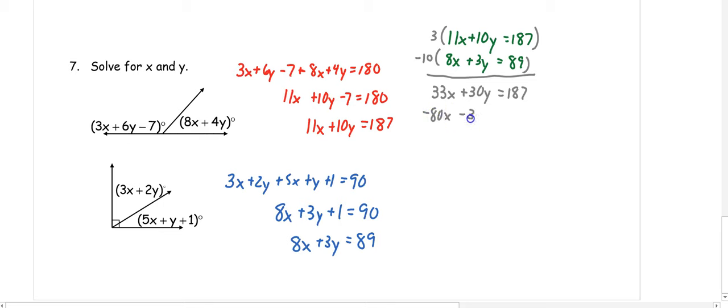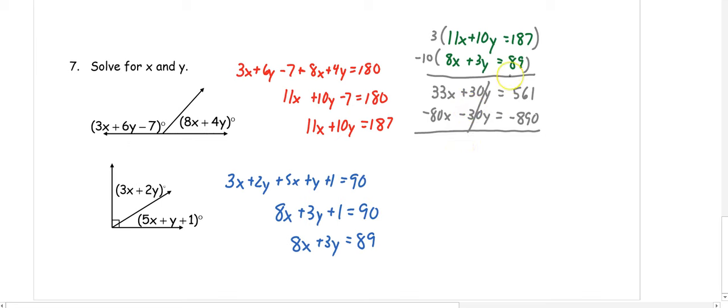Negative 80x minus 30y, and then negative 10 times 89 is negative 890. So now my y's will cancel out because I have positive and negative 30.